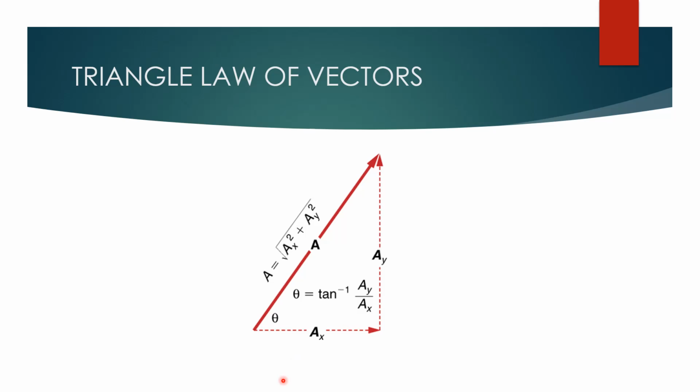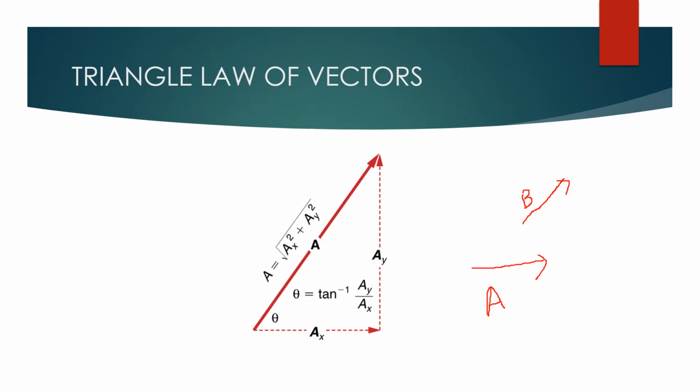In the triangle law of vectors, one thing I would like to let you know: we apply it when, suppose you have a vector A, let us say this is vector A, and another vector B at some angle. How do we find the resultant of these two vectors? We apply the triangle law.